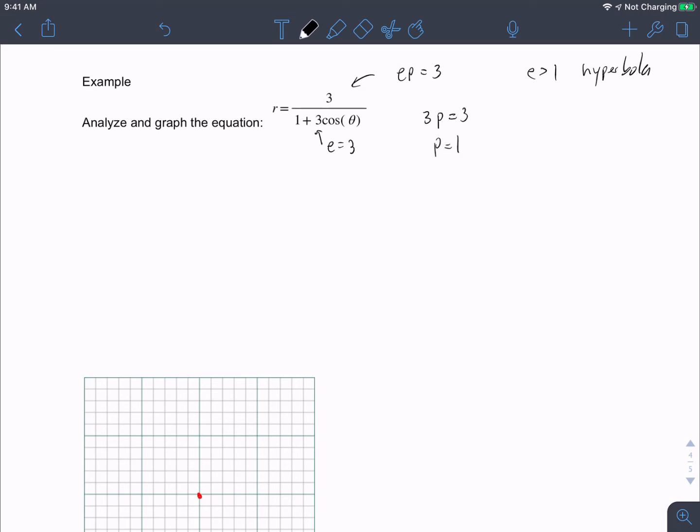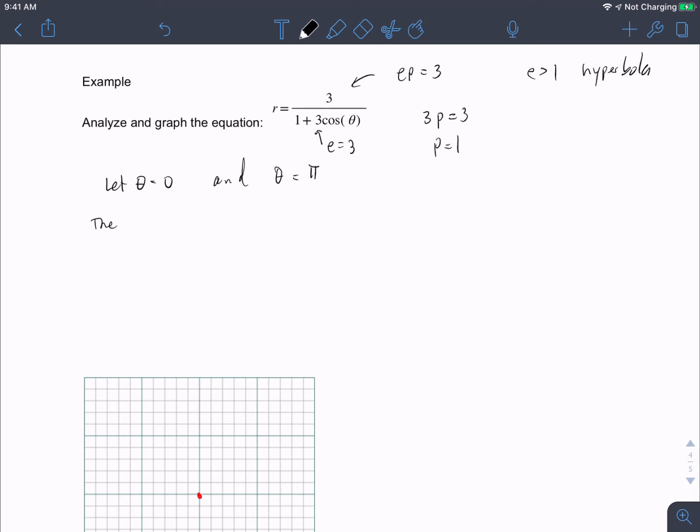So to find the vertices, we're going to do it this way. We're going to let theta equal 0 and let theta equal pi.